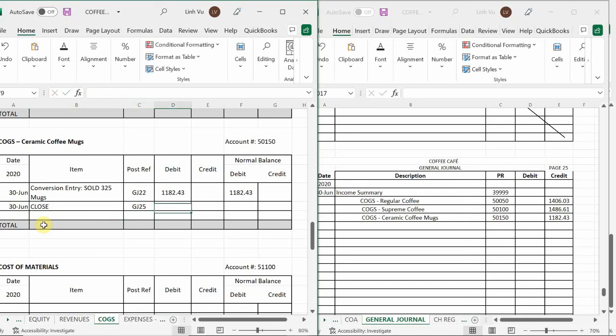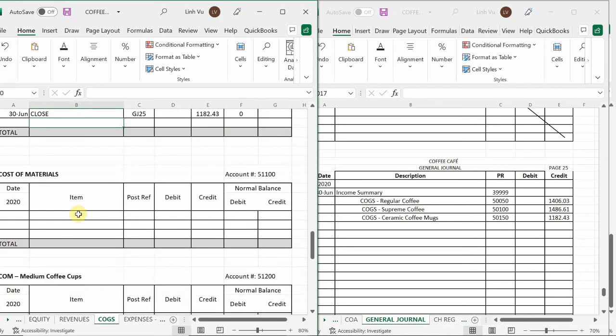We're on page 25 here for the 1182.43, and that should give you your account balance to equal 0. All right, so let's see what's next.